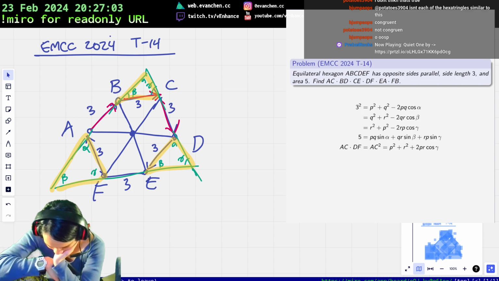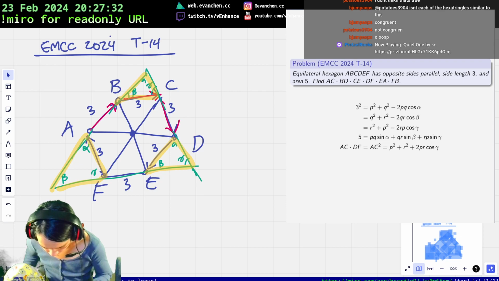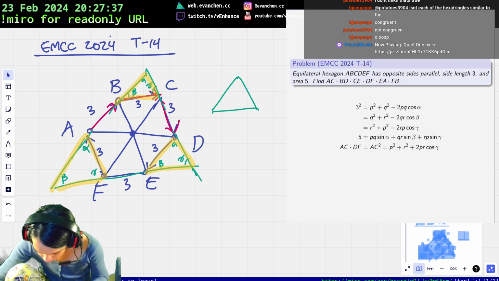What the heck? Okay, so if I cut out the shape and declare that the entire giant triangle, sorry, not cut out. We'll just do this. Oh, this is so annoying.